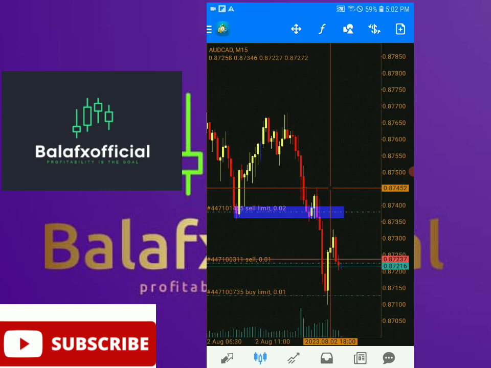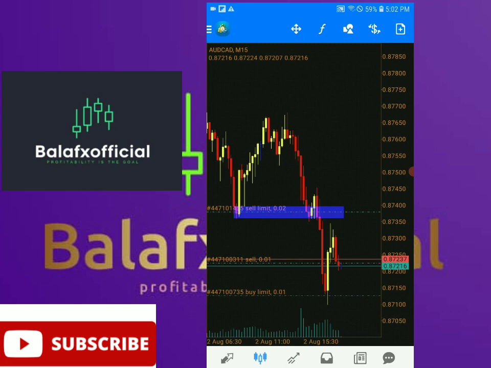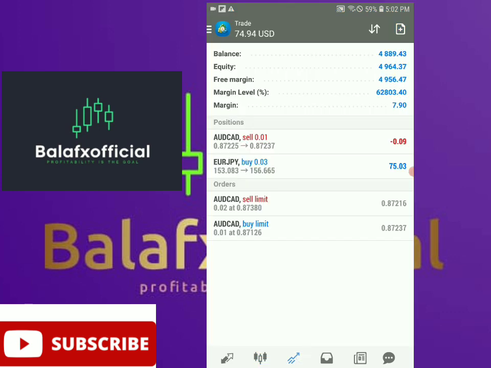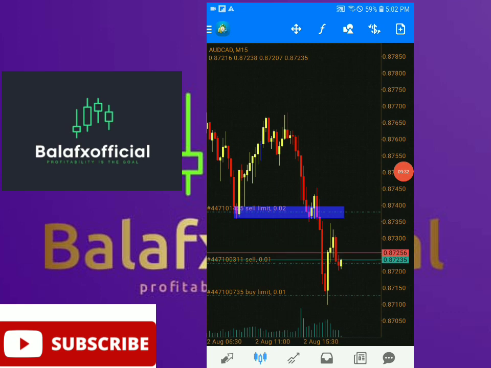Whenever price reaches here, even though I'm not there or I'm away, the market is going to take me out at 0.87467. So I will set my stop loss order there. This is the place.